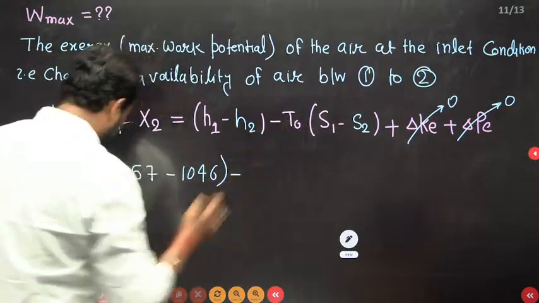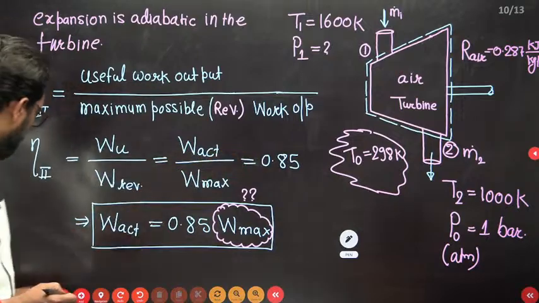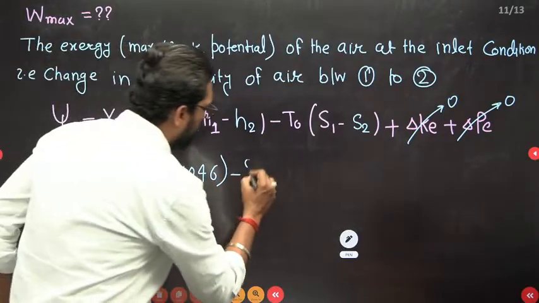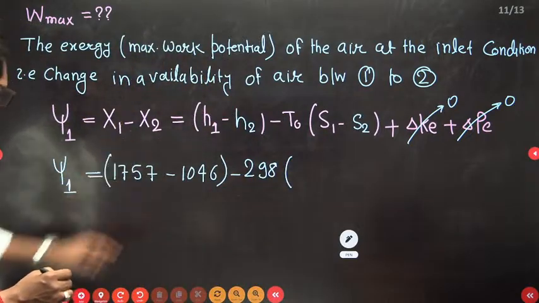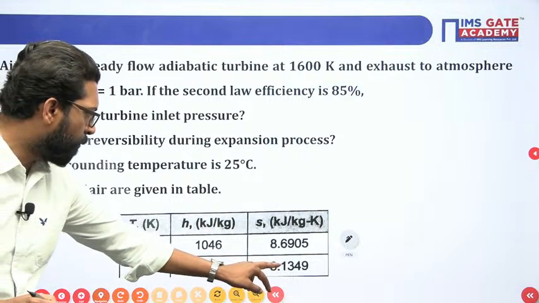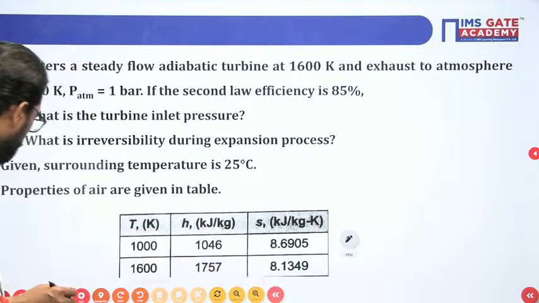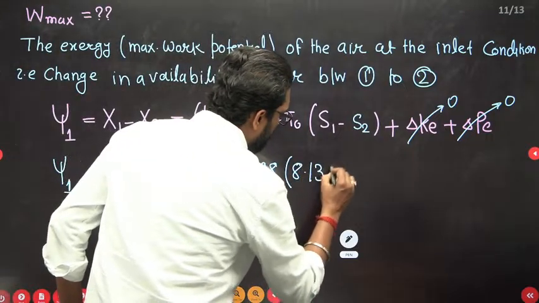Minus, this is the surrounding temperature. How much is the surrounding temperature? 298. What is the entropy at 1600? 8.1349.